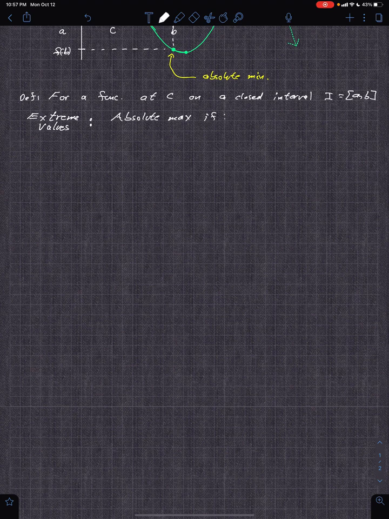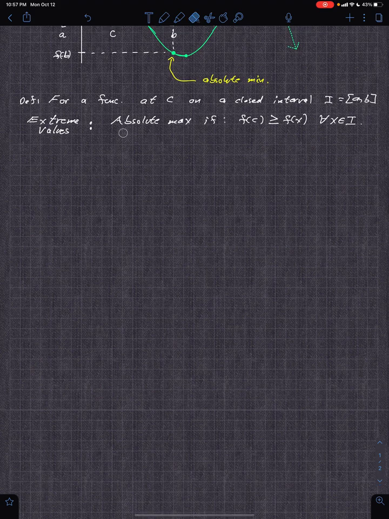So the function has an absolute maximum if f of c is greater than or equal to f of x for all x in the closed interval I. And we say it is an absolute minimum if f of c is less than or equal to f of x for all x in the closed interval I. Okay, that makes sense, right?